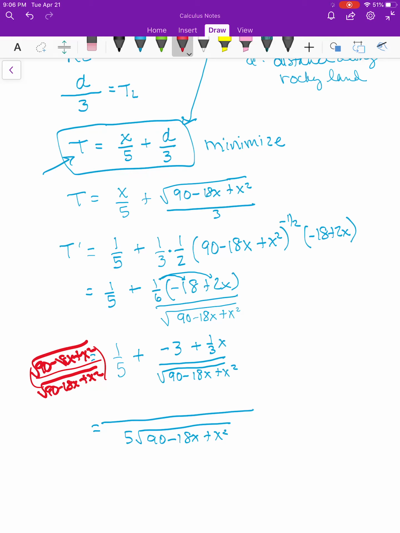So you're going to want this 1/5 to get multiplied by the square root of 90 minus 18x plus x squared over itself. That's going to give you the square root of 90 minus 18x plus x squared.